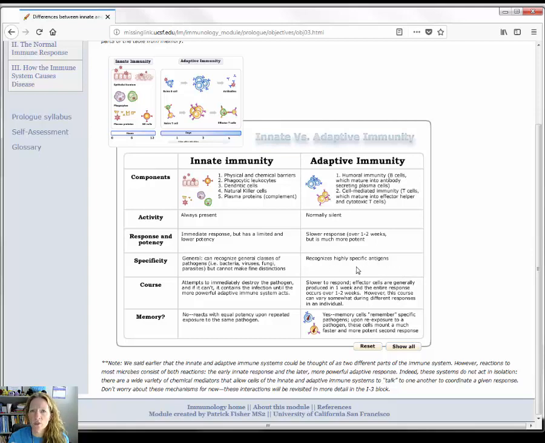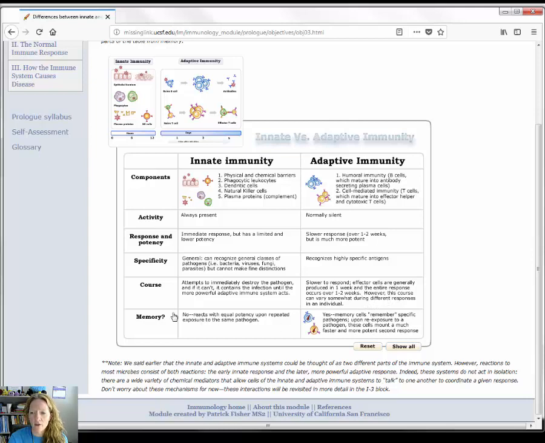Adaptive immunity is known as specific immunity because it will target one single specific antigen. As far as course, innate attempts immediate destruction. If it can't, it will contain the infection, which is great. It will slow down growth until the adaptive immune response can come in and take over.